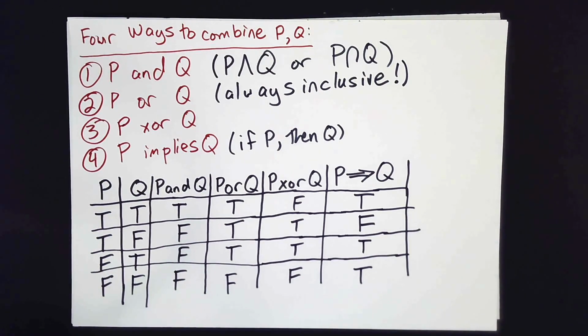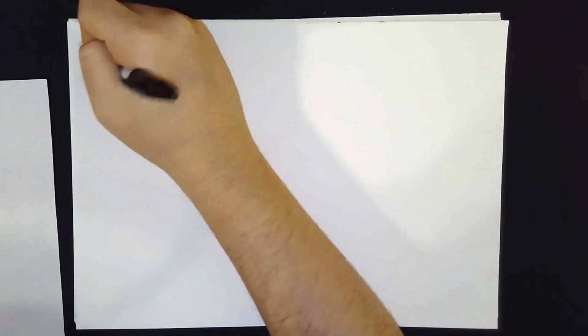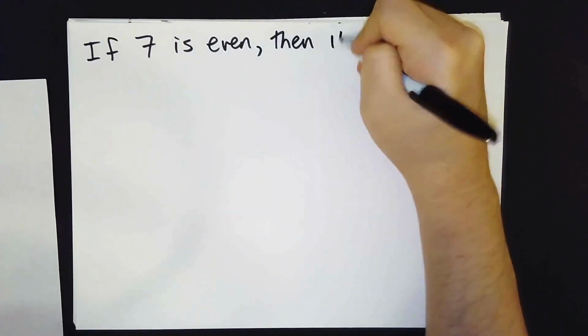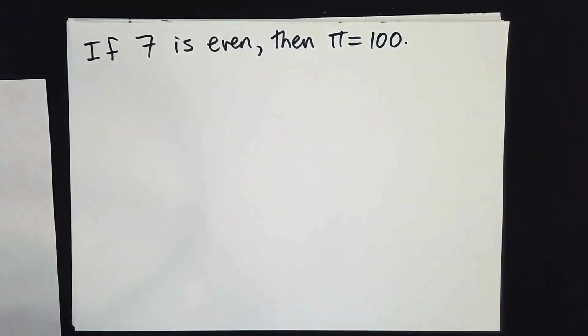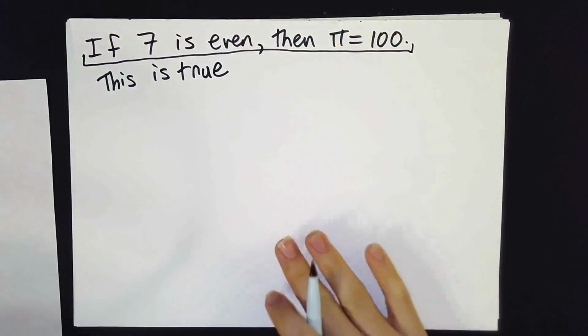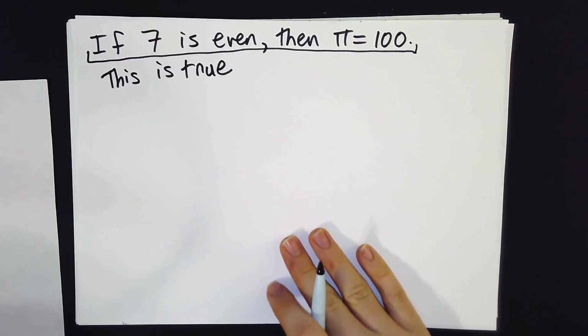Now, there are a lot of reasons to not love this convention. Here's one reason not to love this convention. If I write down the statement, "if 7 is even, then pi is equal to 100," this statement is actually a true statement. Why is this a true statement?